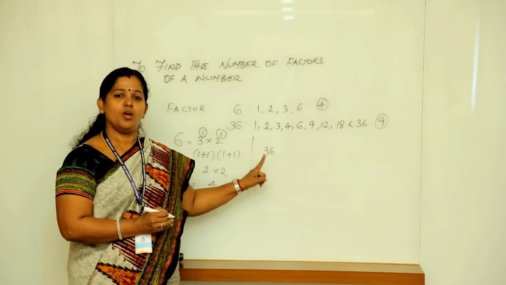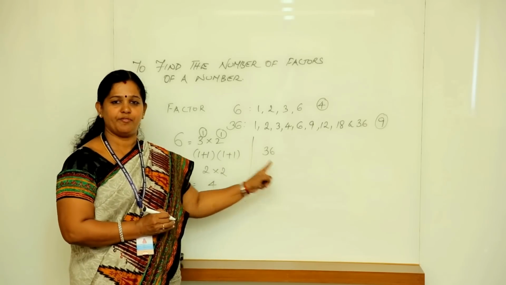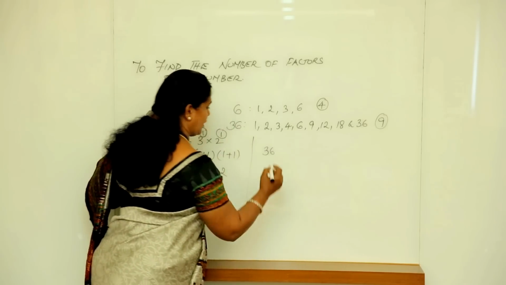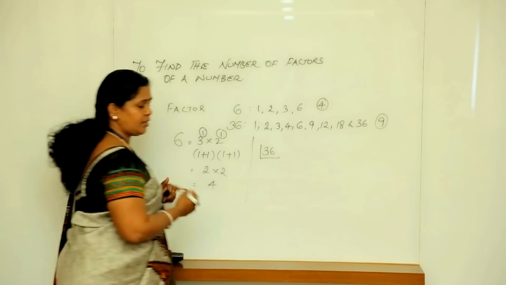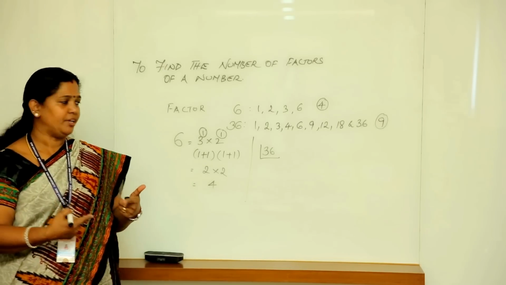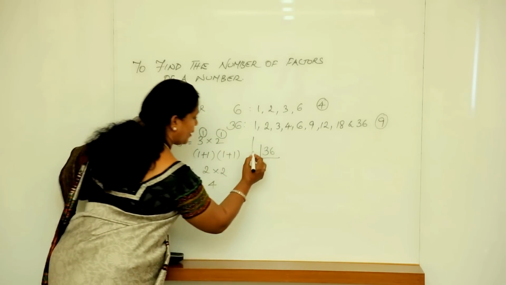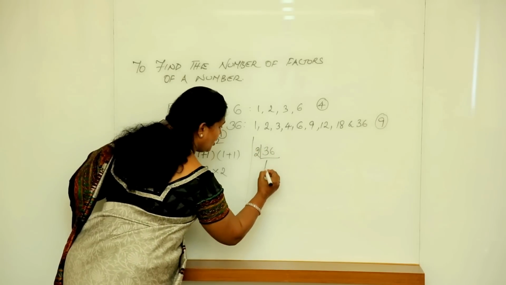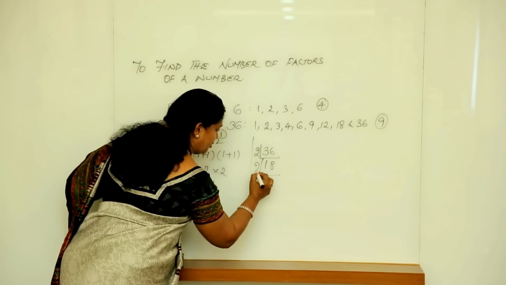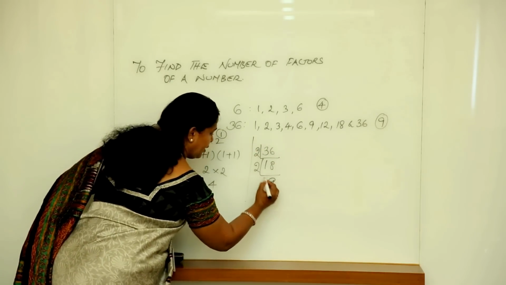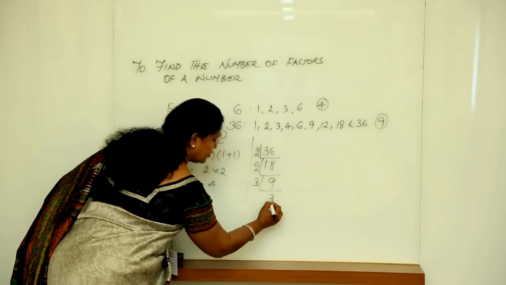Express 36 also as a product of prime factors. Now, you would have studied in your lower classes, write 36, use that L-shaped division, and express 36 as prime factors. To start with, 36 divided by 2 is 18, which again divided by 2 is 9, then 3 times.